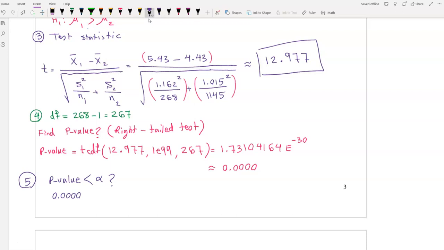See if this is less than alpha. Yes, so reject H0. And final step 6, state conclusion.